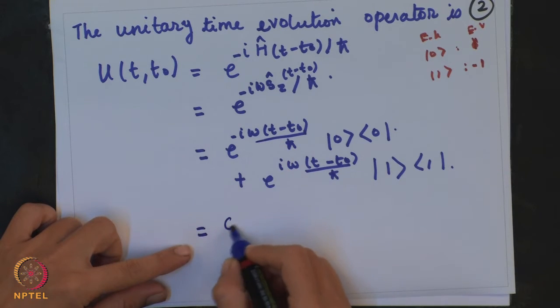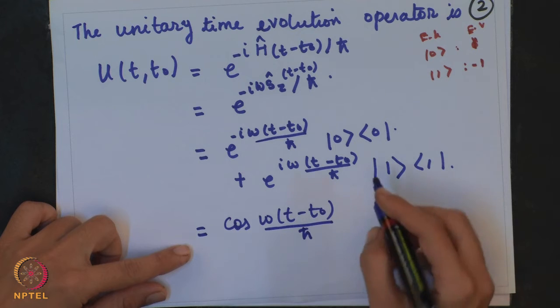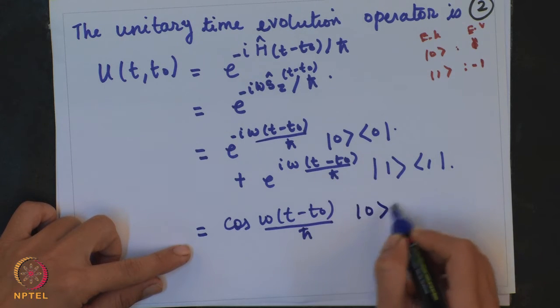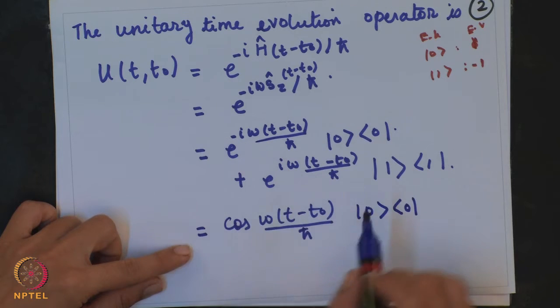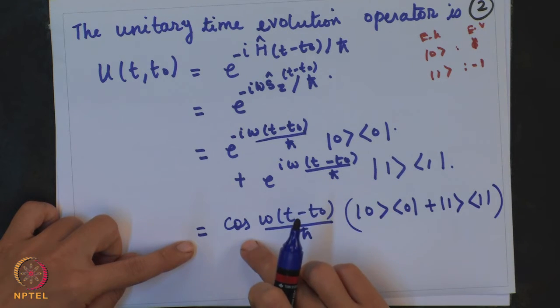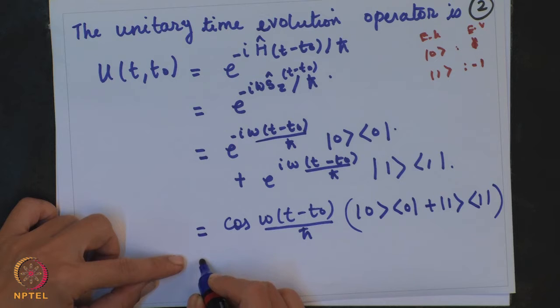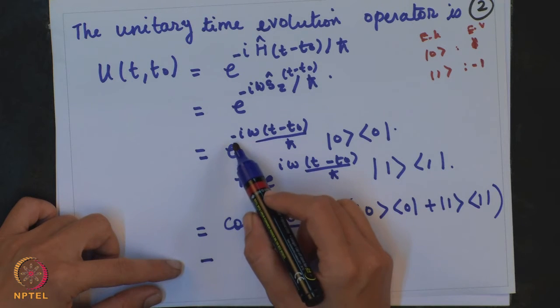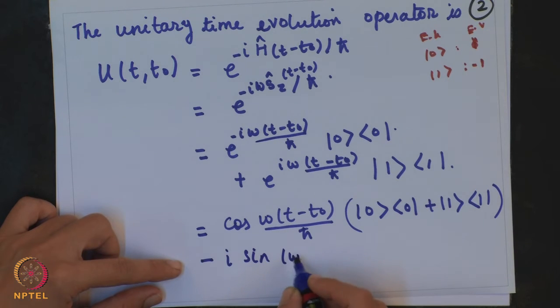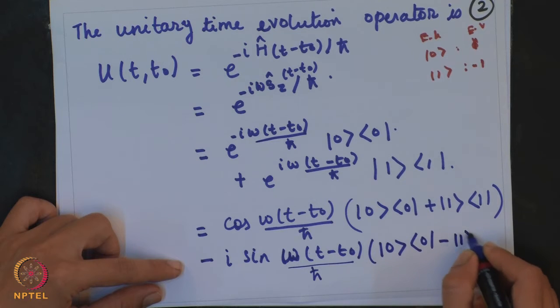So, I write the first term as cos omega (t minus t naught) upon h cross, and the first term of this will give me, because again I will have cos theta, that is cos omega (t minus t naught) upon h cross, plus e raised to minus i theta will give me minus i sin omega (t minus t naught) upon h cross times 0 0 minus 1 1.